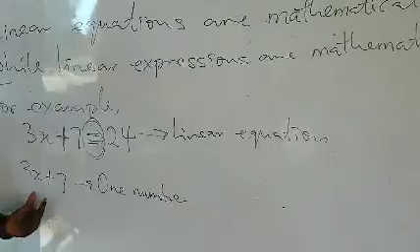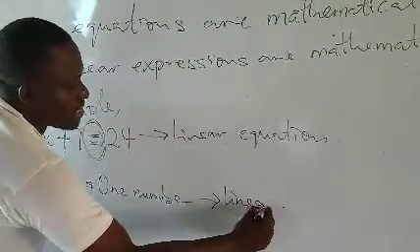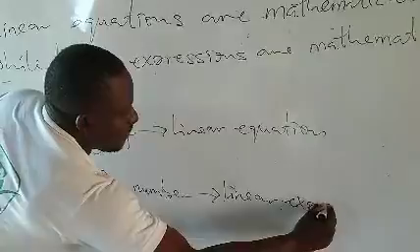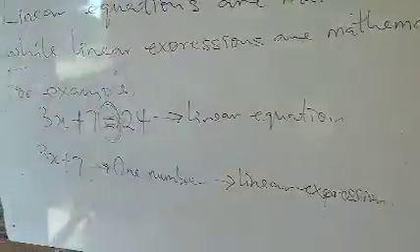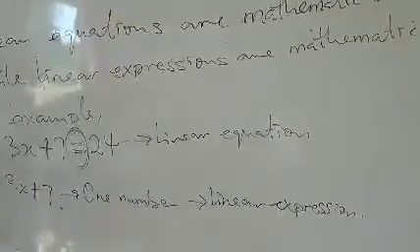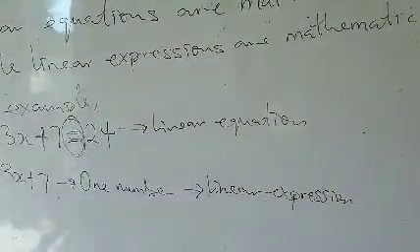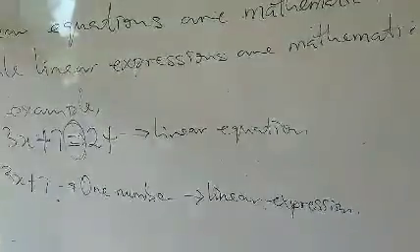This is a linear expression. I believe now you know the difference between a linear expression and a linear equation. Now, after this, let's go straight to solve some questions under linear equations.